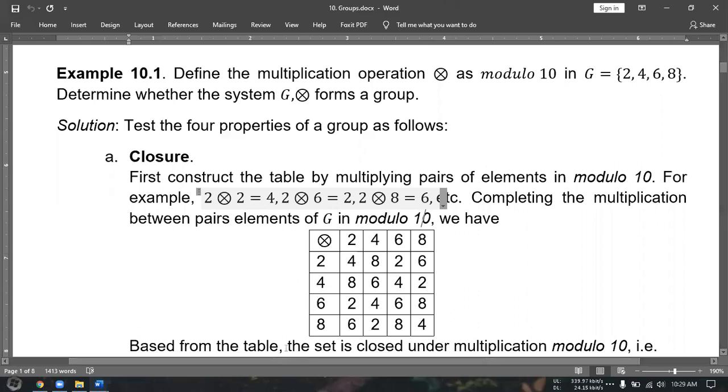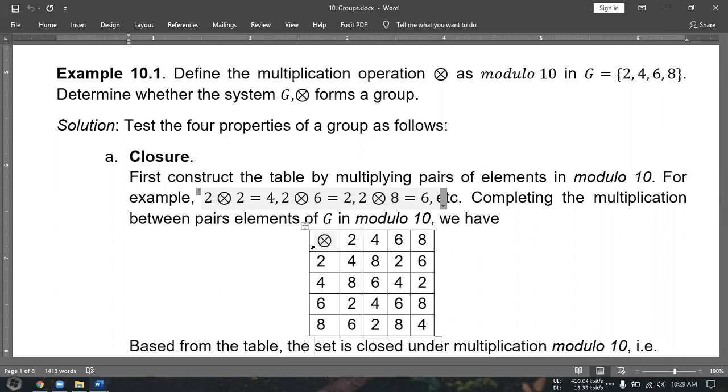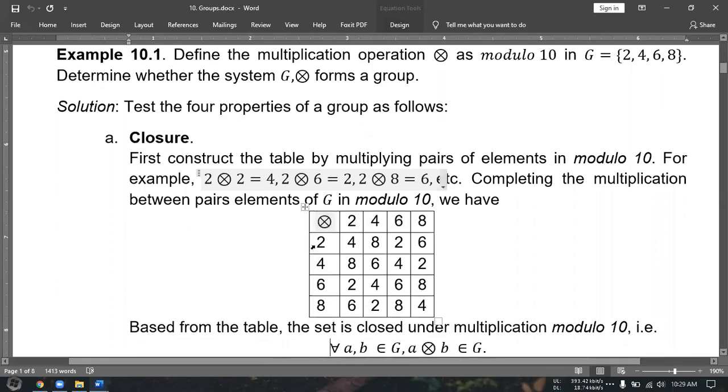Now, since the result of the multiplication modulo 10 is also an element of G, then we can say that the set is closed under multiplication modulo 10.